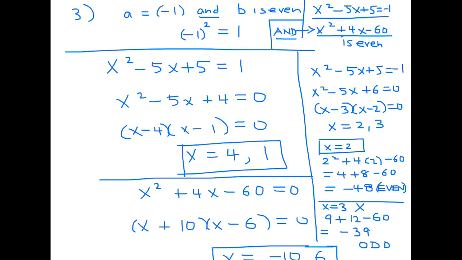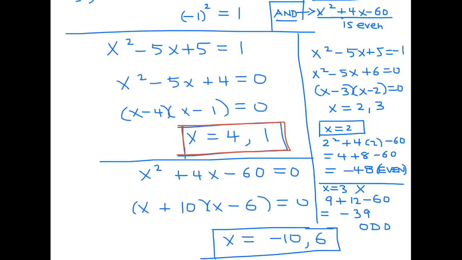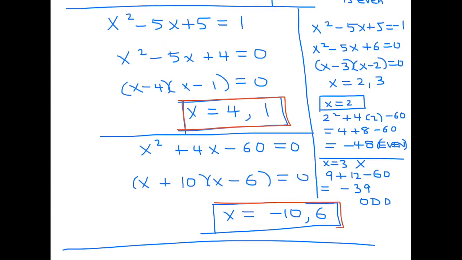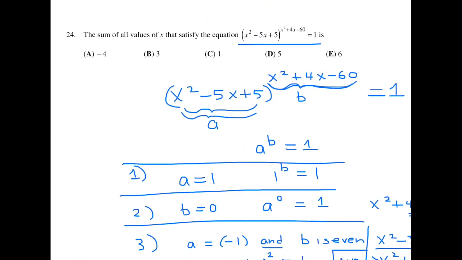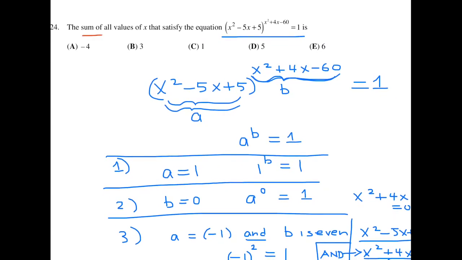All right, so let's go back and circle all our solutions. We have these two, 4 and 1. We had these two, and we had one final one, x equals 2. So what are they asking for in the question? The sum of all values of x that satisfy that.